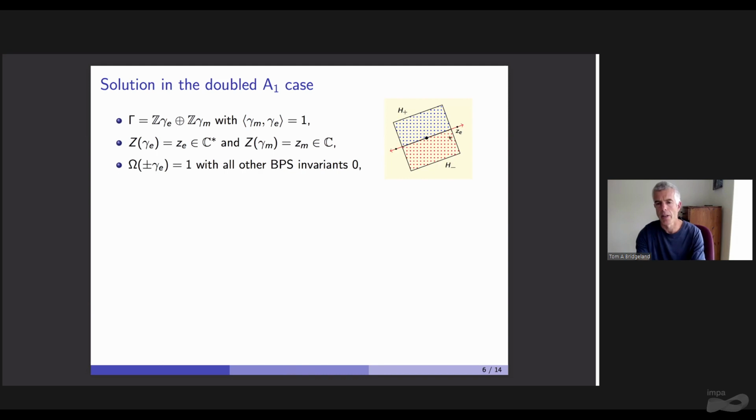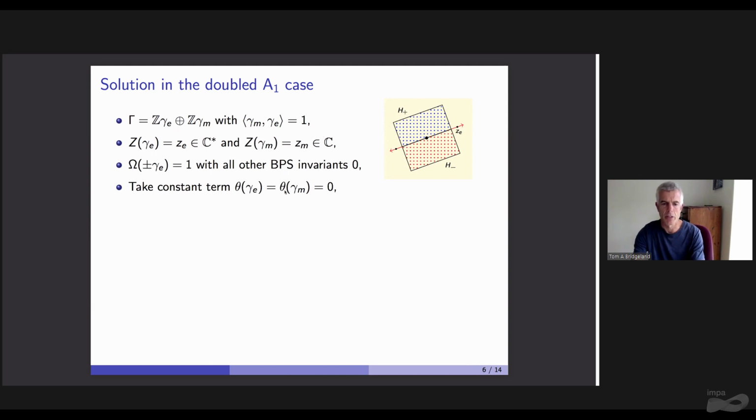And so the diagram in this case looks like this. There are just two rays where there is some non-trivial automorphism. These are the rays corresponding to this Z E. And so we're going to get a function which is holomorphic on the upper half, on this bit, and holomorphic on the lower bit, with some discontinuous jump across this line. Okay.